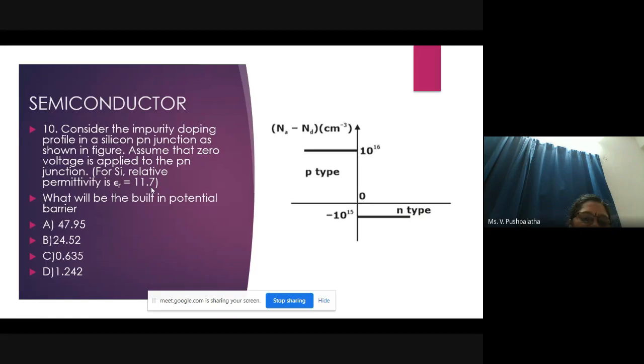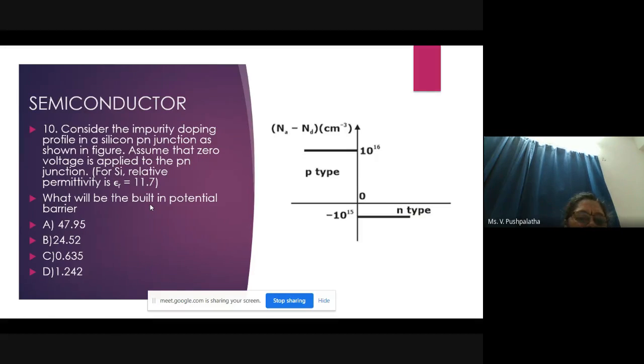For silicon, it is 0.6 to 0.7. For germanium, it started from 0.2, sometimes 0.3. The built-in potential is the potential existing in the depletion region, so you need to apply that much potential to break the potential barrier.